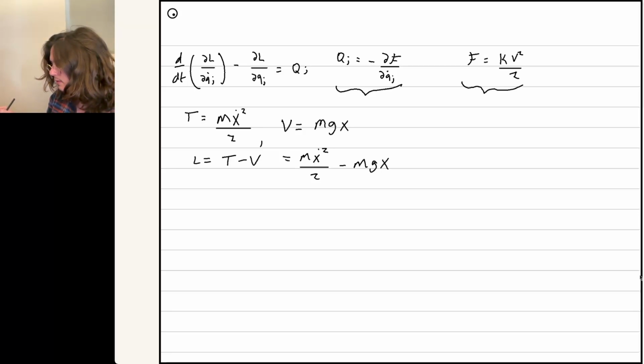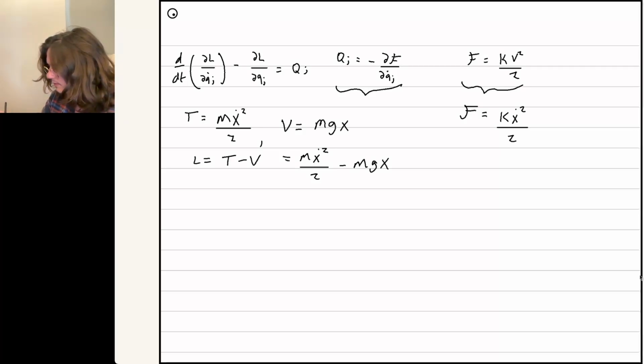Let's look at what Q_j is by noticing that the v in the dissipation function is one-dimensional and will also be just k x dot squared over 2, to put it in terms which are consistent with our dimensions.